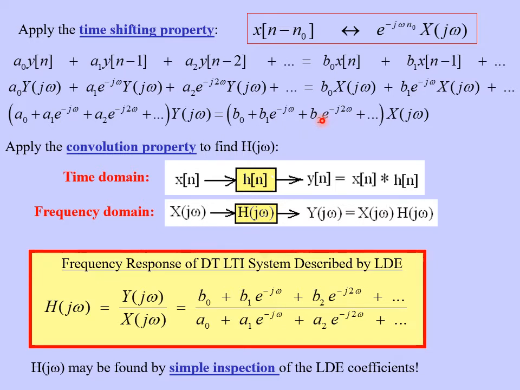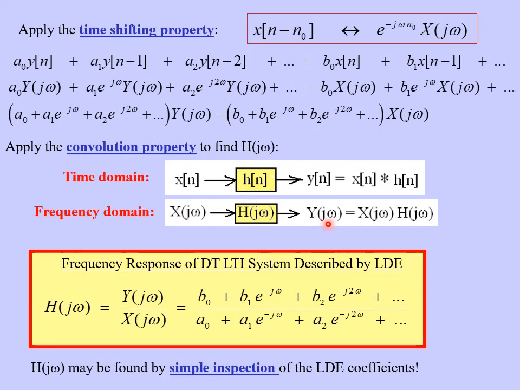So at this point, remember the convolution property. In the time domain, if we've got x of n going into a system that has an impulse response h of n, then the output y of n is equal to the convolution of x and h. But we're working now in the frequency domain. So remember the convolution property says that in the frequency domain, the input here is x of j omega.